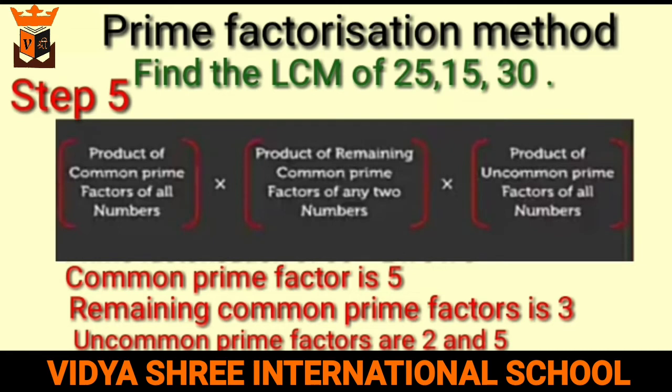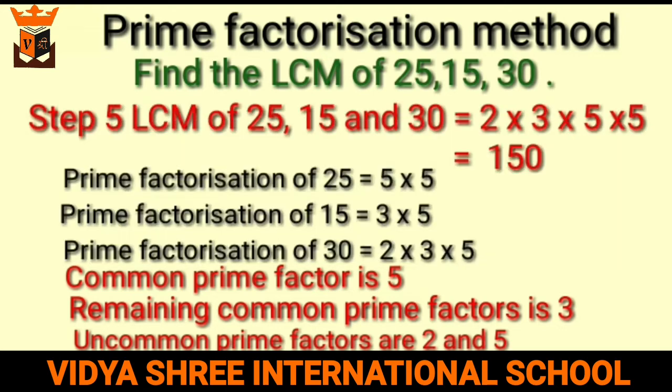In step 5, we will find the LCM, which will be the product of common prime factors, remaining common prime factors and the uncommon prime factors of all the given numbers. So here the LCM of 25, 15 and 30 is equal to 2 multiplied by 3 multiplied by 5 multiplied by 5, which is equal to 150.